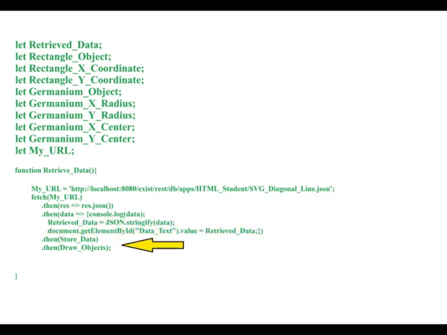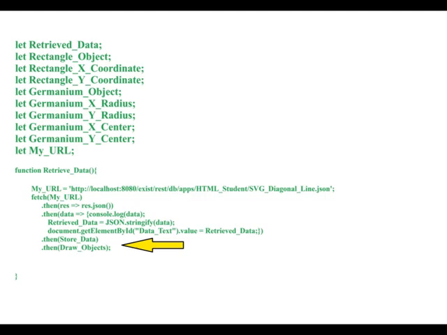Now the next thing that the computer will do, after all that retrieved data is turned into string data and displayed in the text box, is it's going to say, I want you to activate the store data function, and when you do, make sure that you take that retrieved data information and send it on to the store data function.